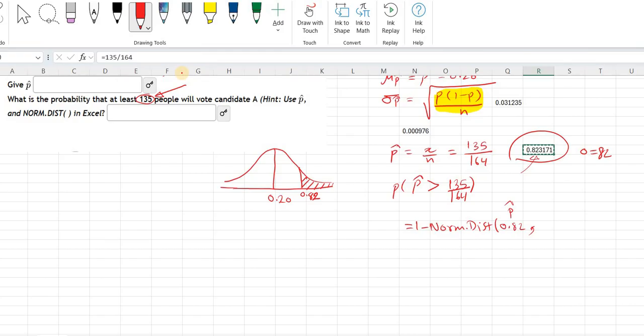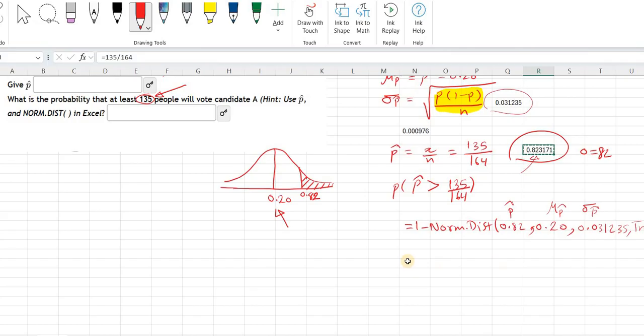Comma the mean. We know the mean for this distribution is 0.20. And then comma the standard deviation, so the mean goes here, and then the standard deviation goes here. The standard deviation, we computed it, it's this number right here, so I'm just going to write it 0.031235, and then comma true.